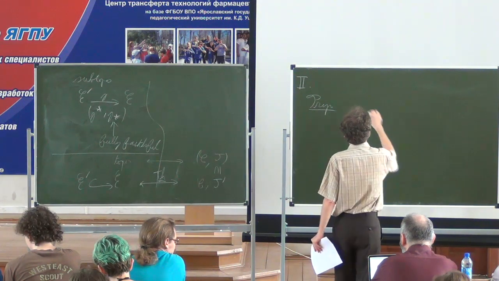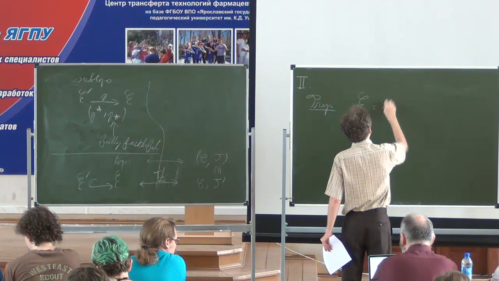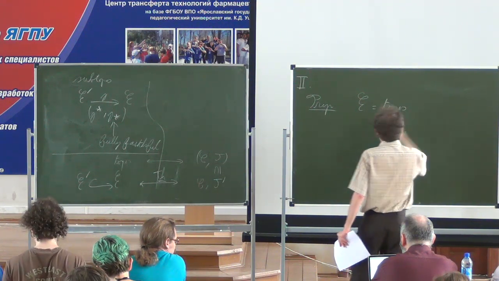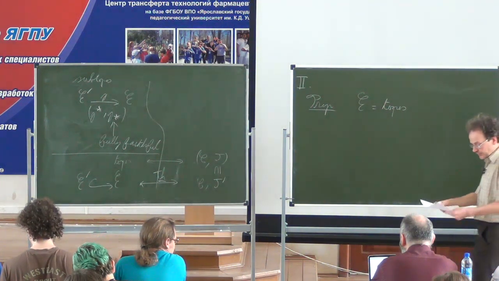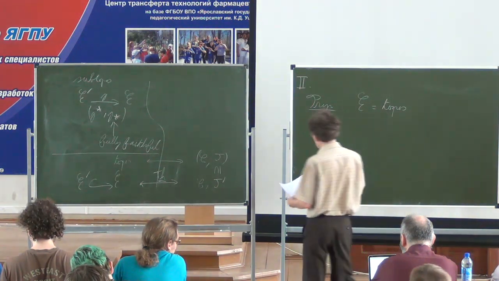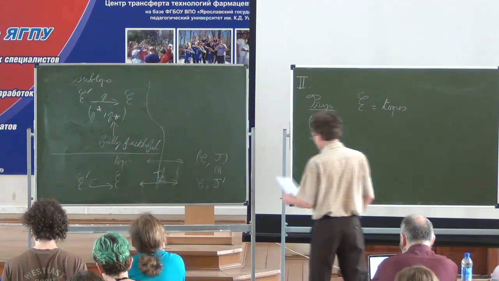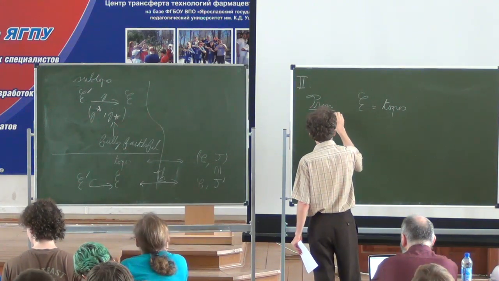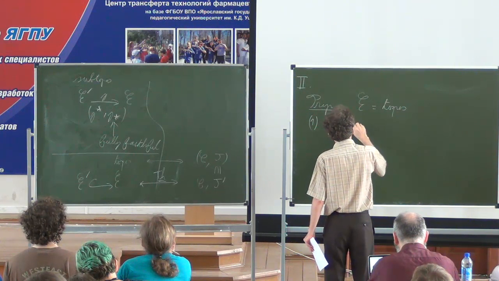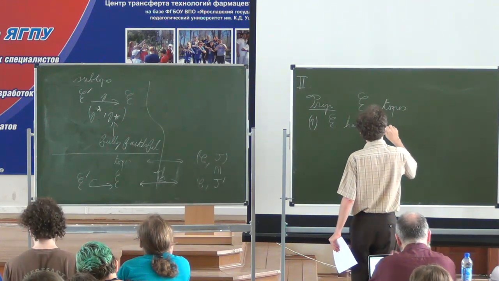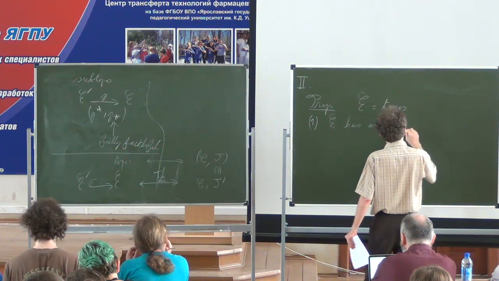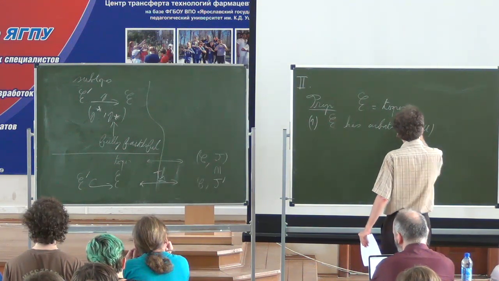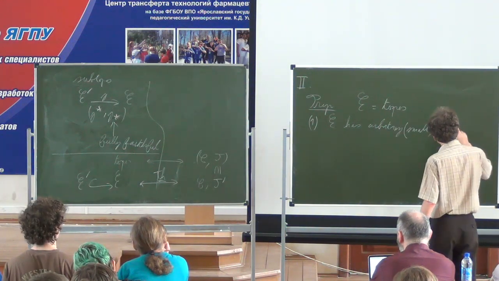So the proposition is the following. You consider an arbitrary topos, and I immediately give a list of properties of this topos. First, the first property is that E has arbitrary, when I say arbitrary, I mean small limits.